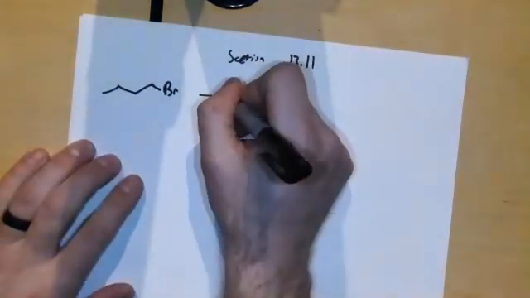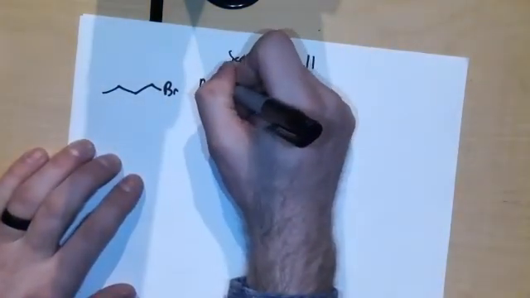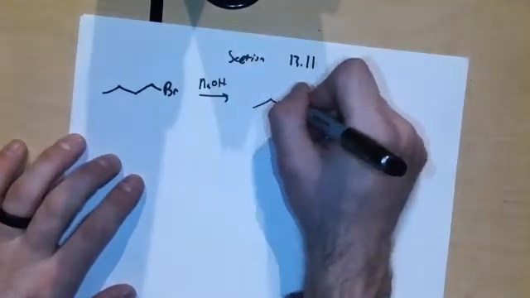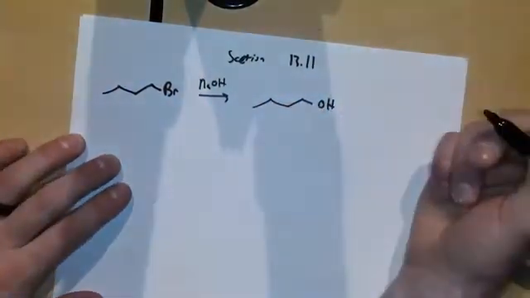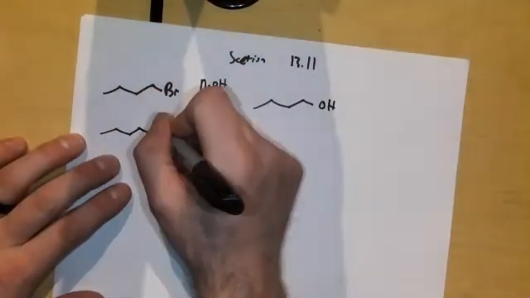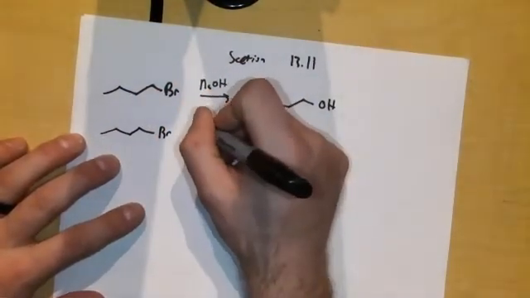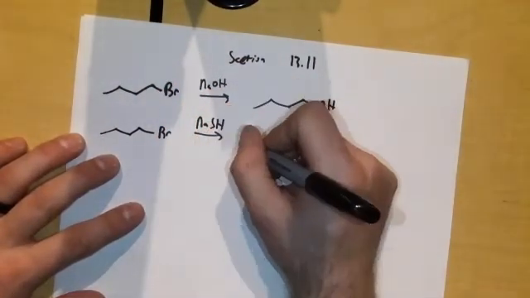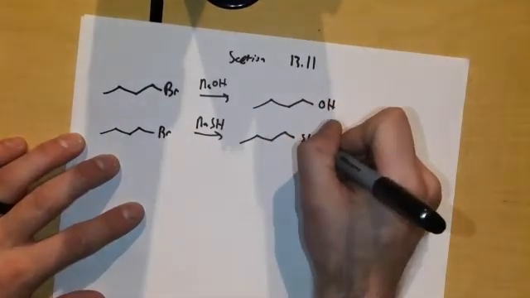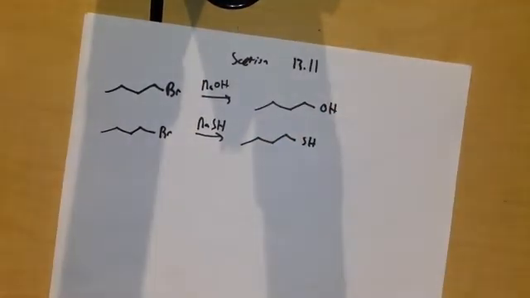You can make them the same way you'd make an alcohol. NaOH with a primary halide gives you an alcohol. You throw in NaSH, you can get a thiol.